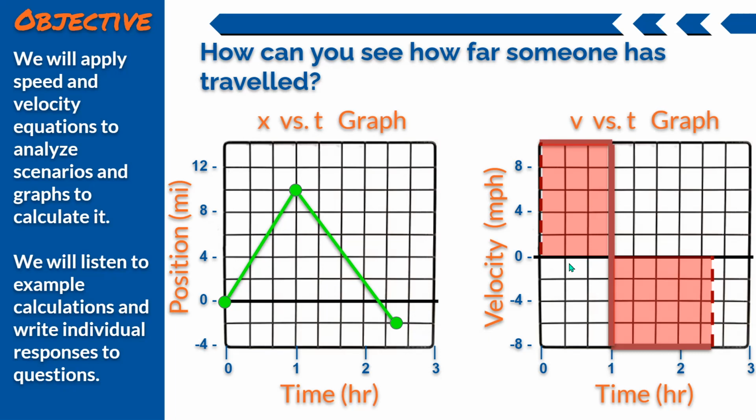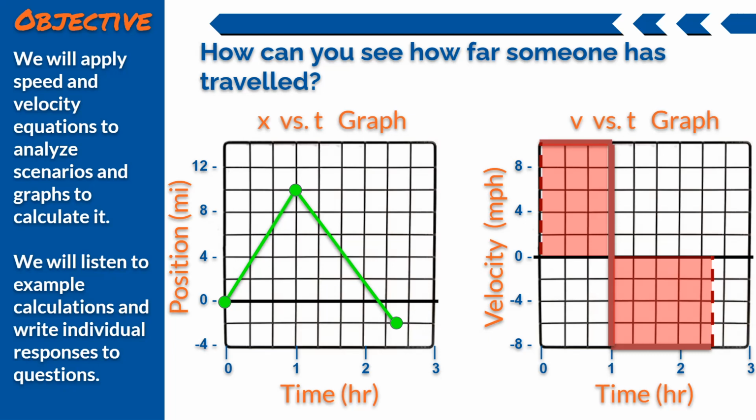The reason you're doing that, think about it mathematically. This is a rectangle, right? Area of a rectangle is length times width. We all agree with that. Look at the length and the width of this rectangle. Velocity and time. Velocity times time is the equation for displacement. We know that velocity is displacement over time, right?